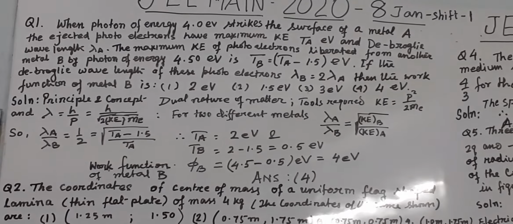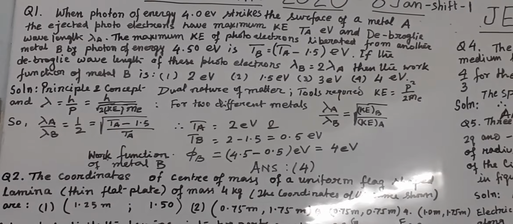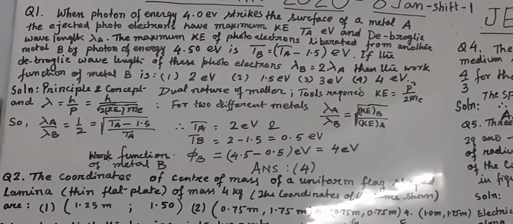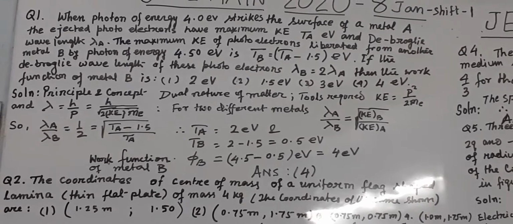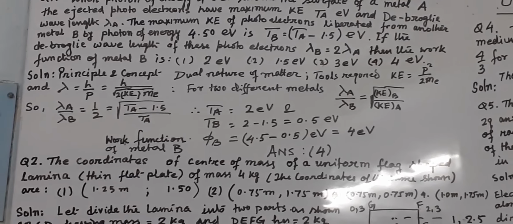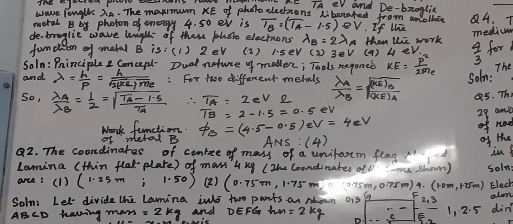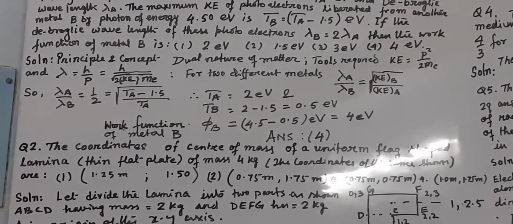Solution: the principle and concept relate to the dual nature of matter, and the tools required are the kinetic energy and linear momentum relation, that is kinetic energy equal to p square by 2 times mass of electron.